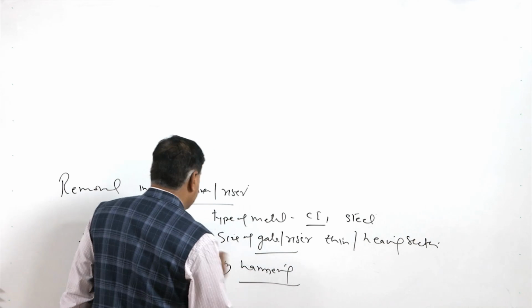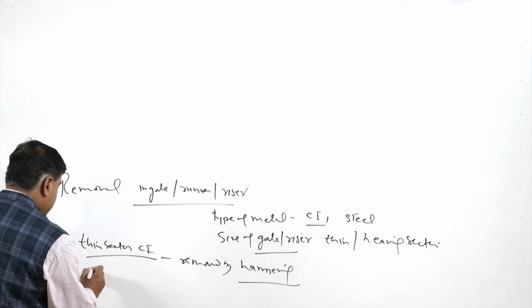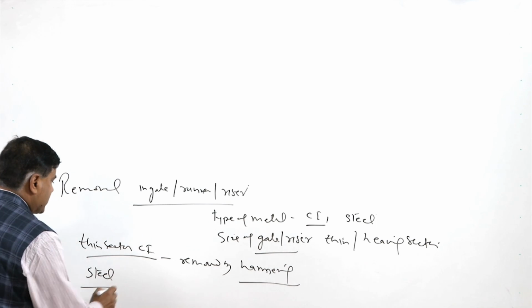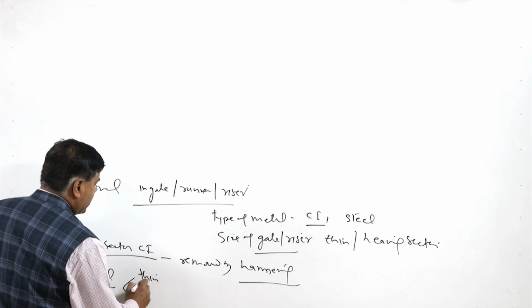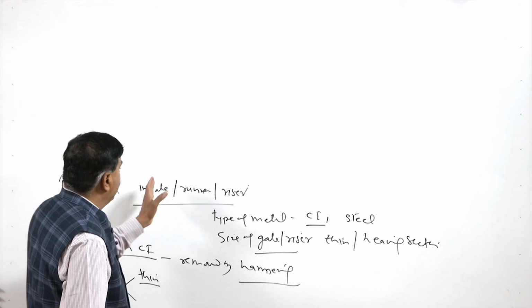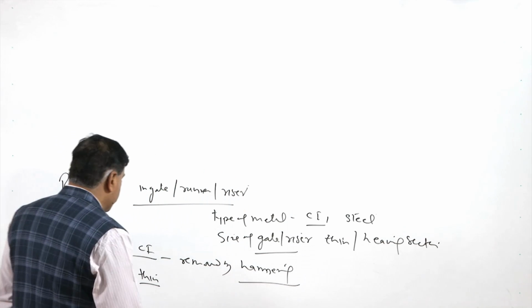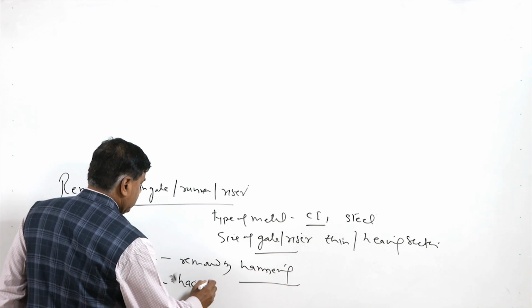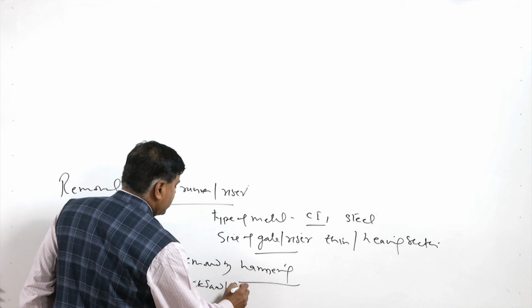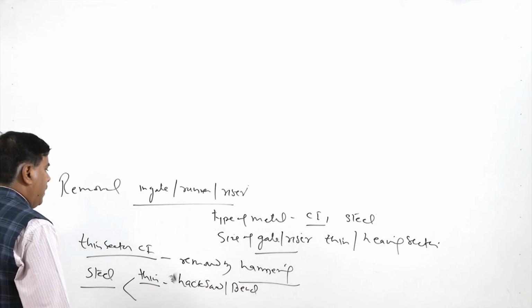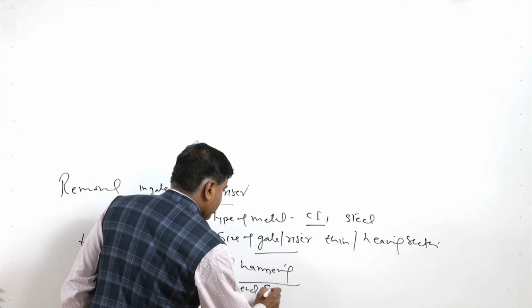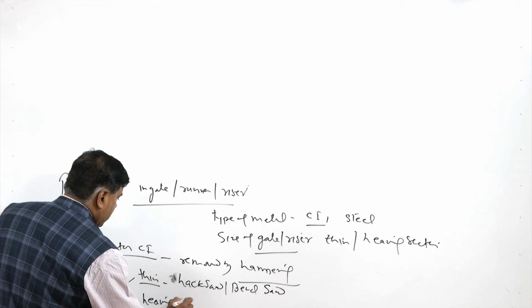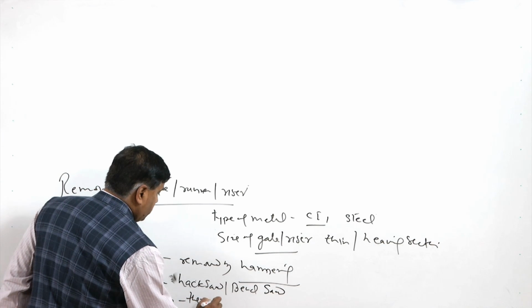So hammering helps to break them easily, but in case of the steel, if it is, say, thin section steel, gates and the risers can be removed by hacksaw or the band saw. Simply cutting is performed with the band saw, but for the heavy sections thermal cutting methods are used.